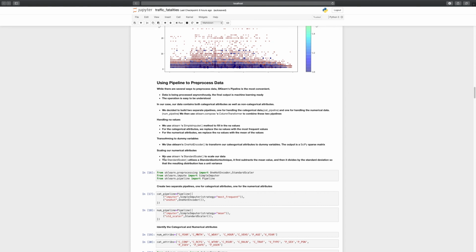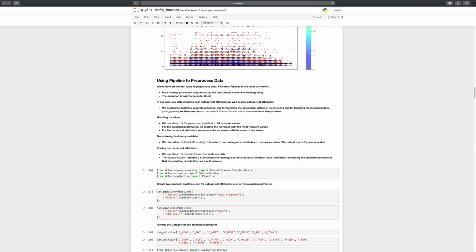To handle the null values, I used sklearn's SimpleImputer method, which allows me to implement different strategies for different types of attributes. For the categorical attributes, I replace the null values with the most frequent values. For the numerical attributes, I replace the null values with the mean of the values.